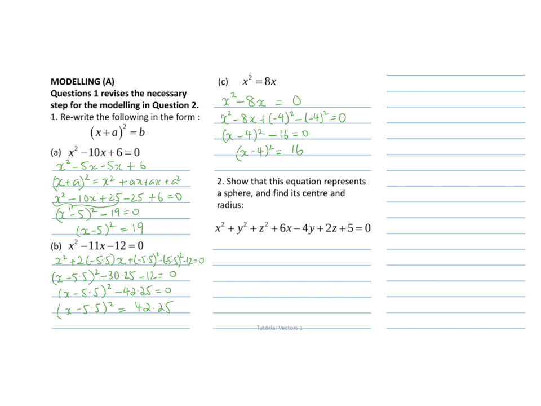The equation of the sphere was (x − h)² + (y − k)² + (z − l)² = R², where the centre is (h, k, l). So we need to get this equation into that form. To get that into that form, we need to complete the squares.